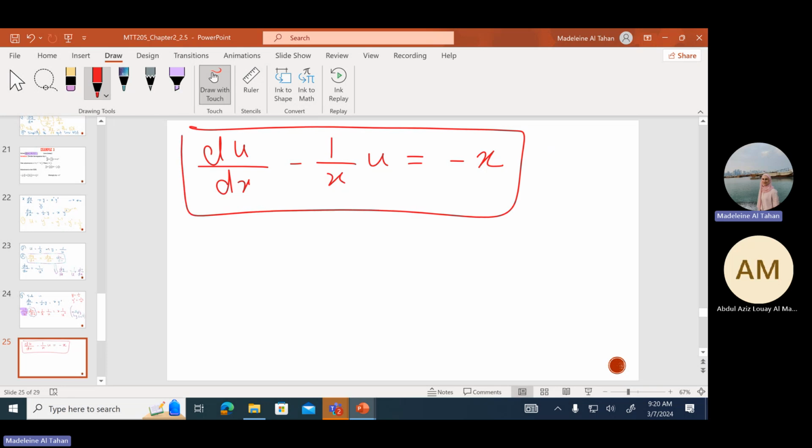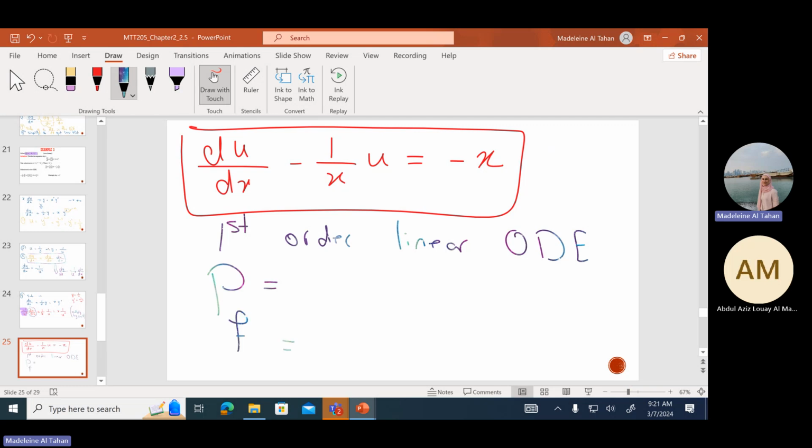Now look at this equation. What's the type of it? First order linear. So we transformed a non-linear equation to what? To linear, first order linear. Determine your P and determine your A. Is it standard form?